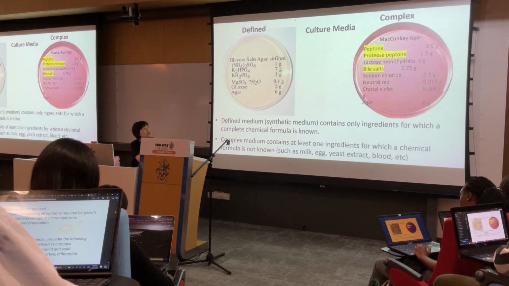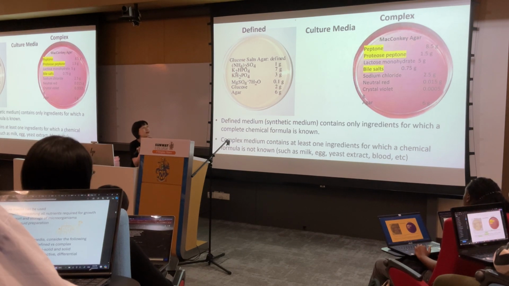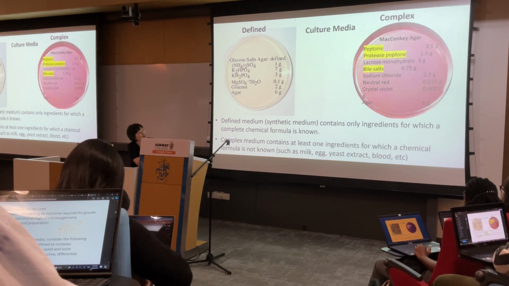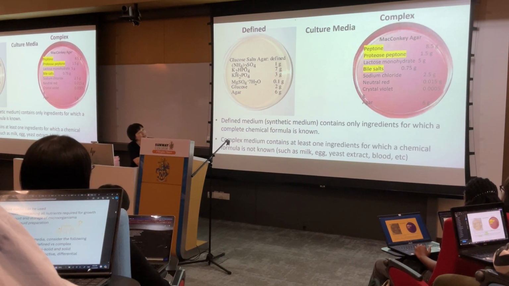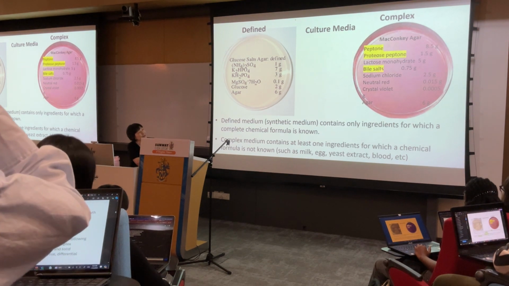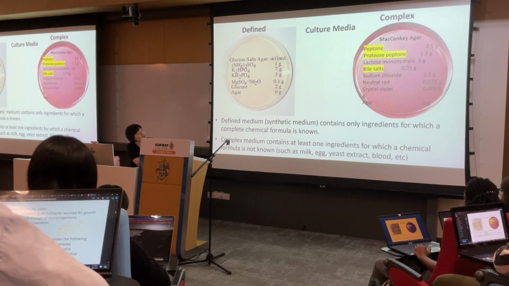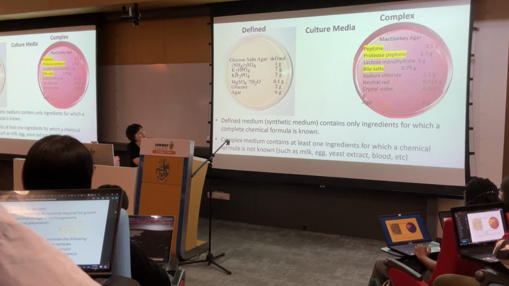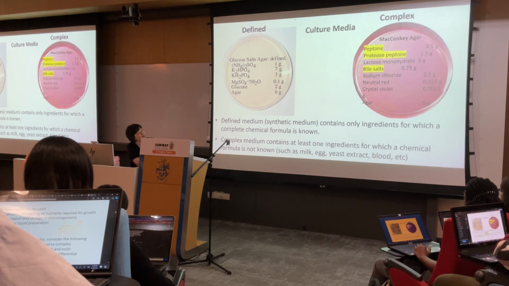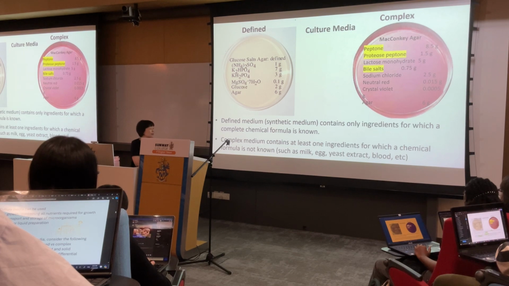Same for bile salt, which of course comes from the bile duct. And because these three do not have exactly defined ingredients, bile salt contains a lot of bile acid, and the extracts also contain a lot of protein, peptide, lipid. But you do not know exactly what is inside. So this is called complex. An example is MacConkey agar, right? All right.